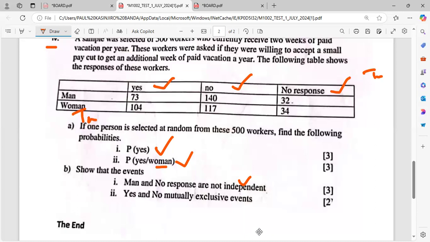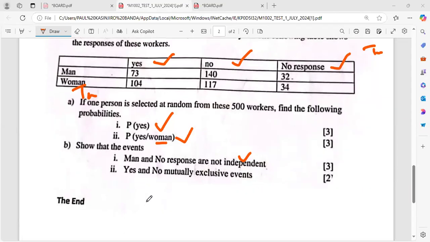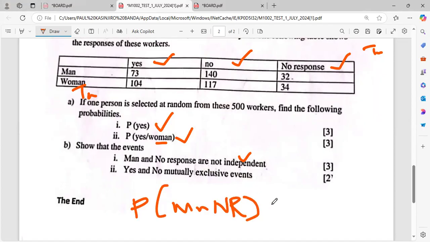Okay, just a minute. I was saying, to show that the events man and no response are not independent, we just have to show that the probability of man intersection no response is not equal to the probability of man multiplied by the probability of no response.